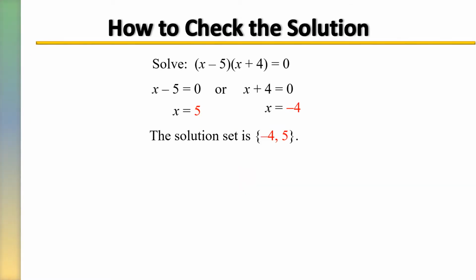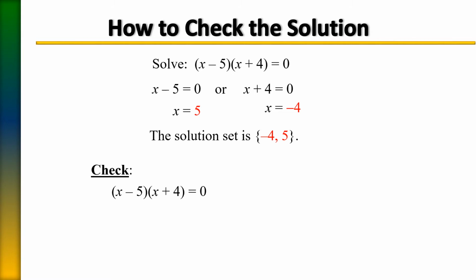Let's check those solutions. If we plug the solutions 5 and -4 back into the original equation, whether I plug them into the standard form or the factored form, it does not matter. What's going to happen is that it will cause the equation to equal 0.